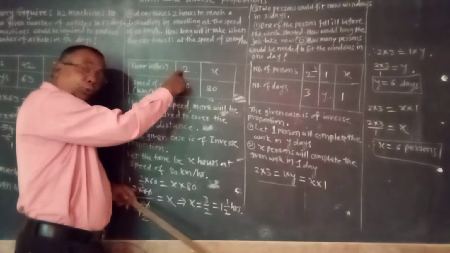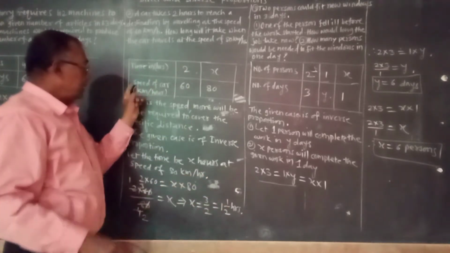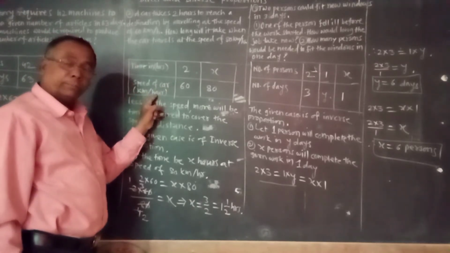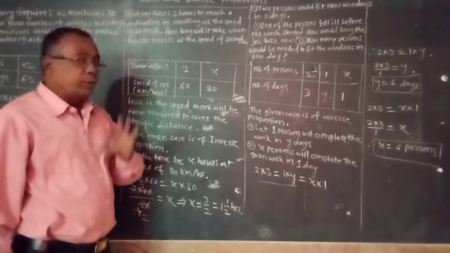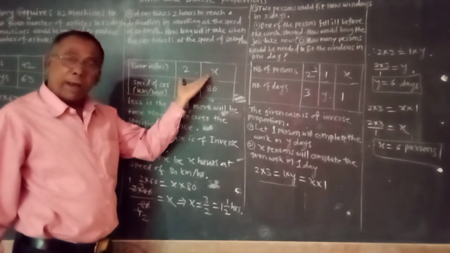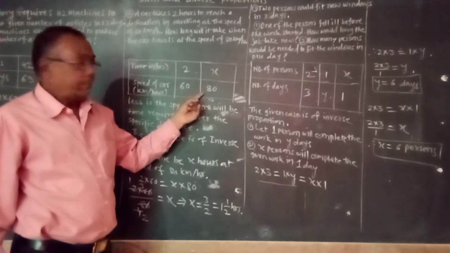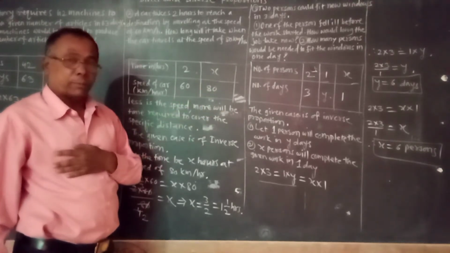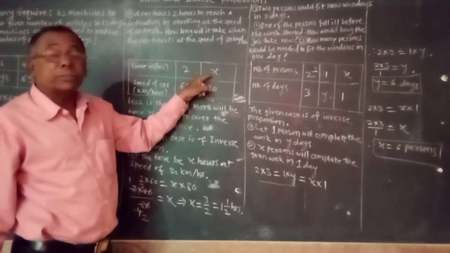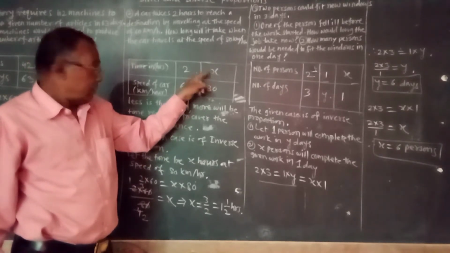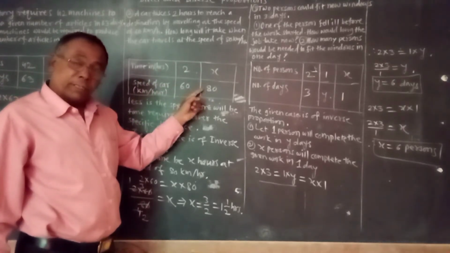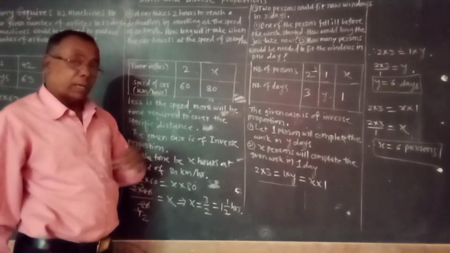time in hours is 2 hours when the speed of the car is 60 kilometers per hour. Now we don't know how much time will be required if the car is traveling with the speed 80 kilometers per hour. So we have supposed that x hours are required for the car to travel the given distance at 80 kilometers per hour.